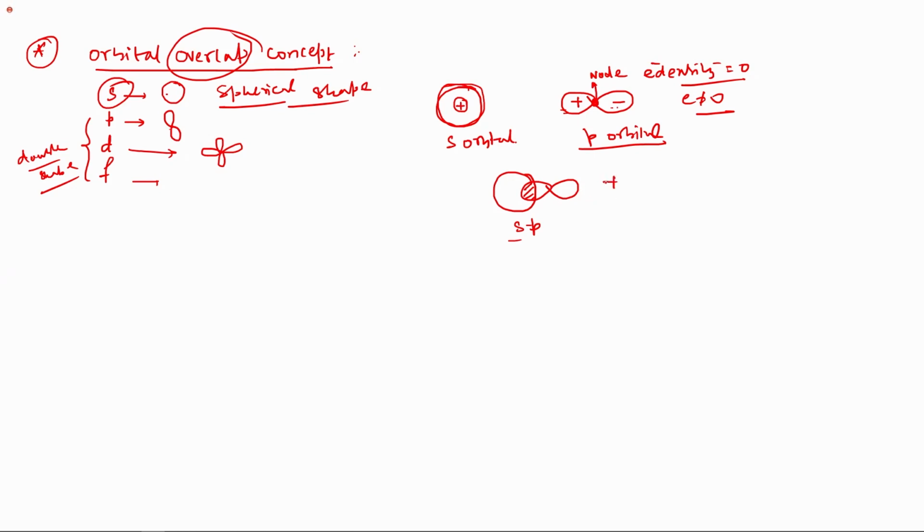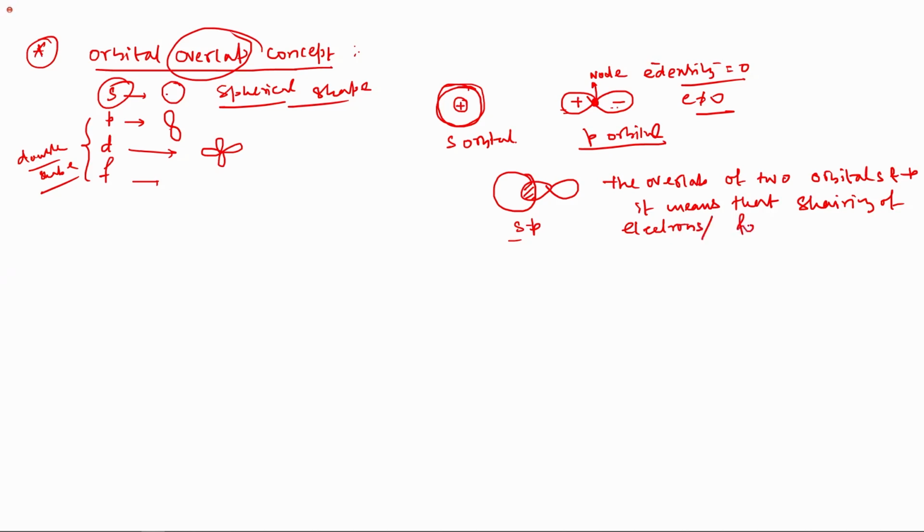The overlap of two orbitals, one s and another p, means sharing of electrons, forming a bond.